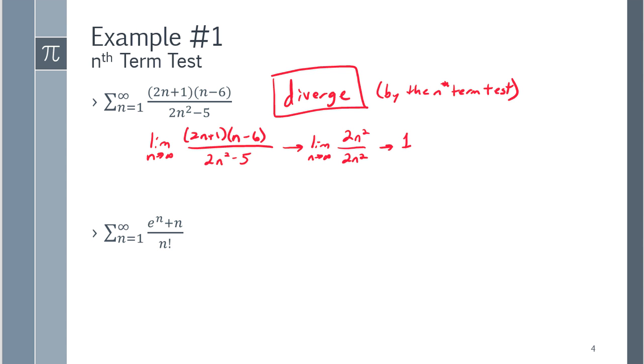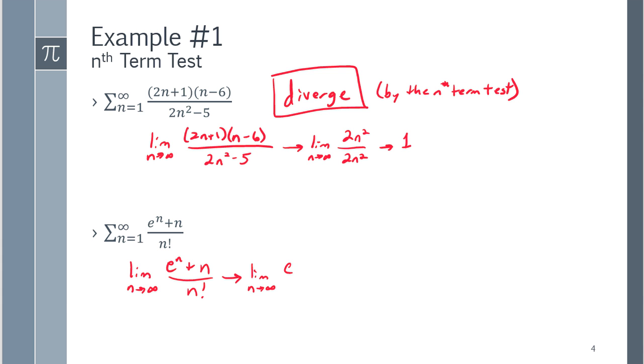A second example here is if I have the sum as n goes from 1 to infinity of e to the n plus n over n factorial. If I were to do the nth term test on this, I'm looking at the limit as n goes to infinity of e to the n plus n over n factorial. Because n is going to infinity, I can use end behavior models. So that's going to be equivalent to the limit as n goes to infinity.